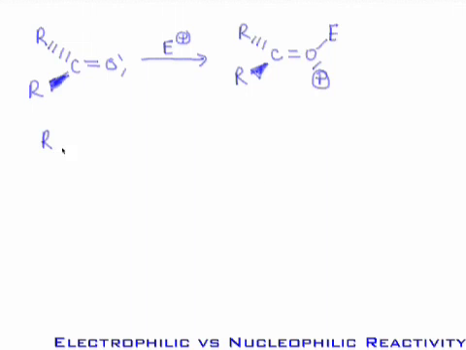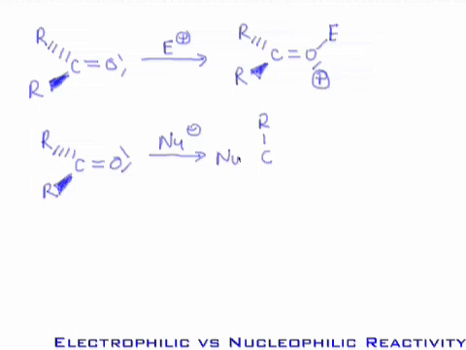Likewise, we could envisage nucleophilic attack going for the delta plus on the carbon caused by the polar bond, the electronegative oxygen withdrawing electrons. So a nucleophile, Nu minus, could attack the carbonyl at carbon. The nucleophile binds to carbon, generating O minus.